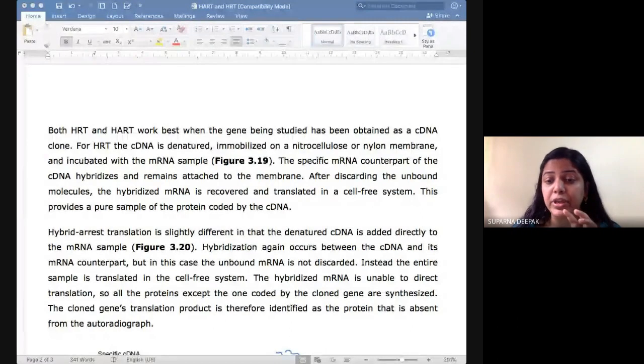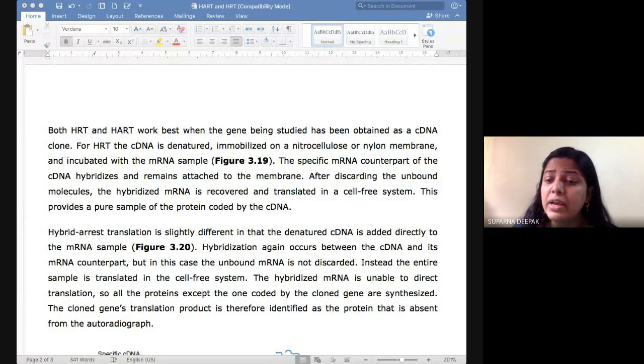For that protein, you will have an mRNA. Agreed or not? So the complementary of the mRNA is the cDNA, and the complementary of the cDNA would be the mRNA. Agreed or not? So you would be immobilizing it on your nitrocellulose membrane.